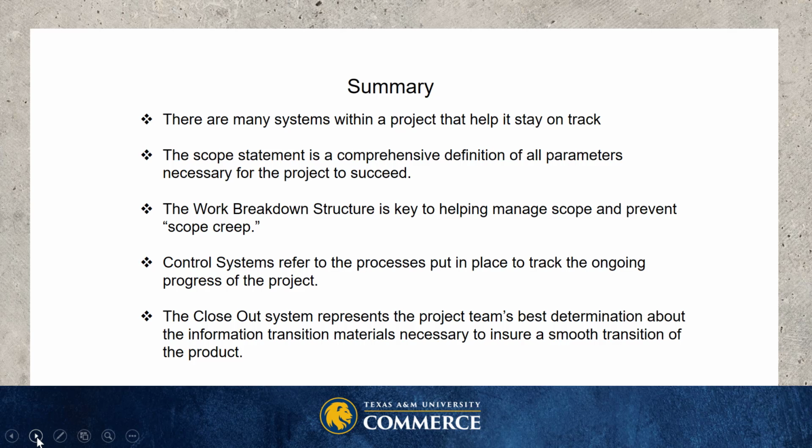So we have control systems that are going to be happening throughout primarily the execution and monitoring and controlling phases of our project. Then finally, the closeout system represents the project team's best determination about the information transition materials necessary to ensure a smooth transition of the product.